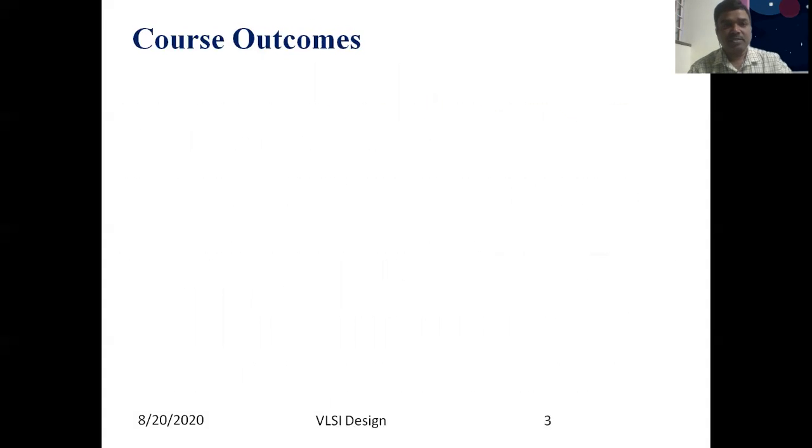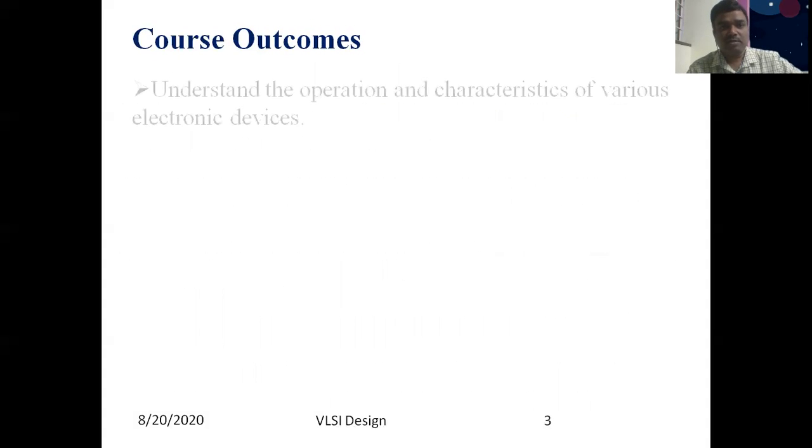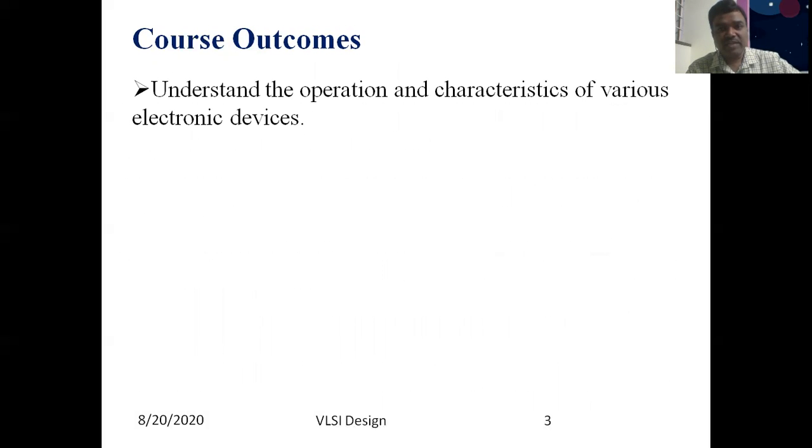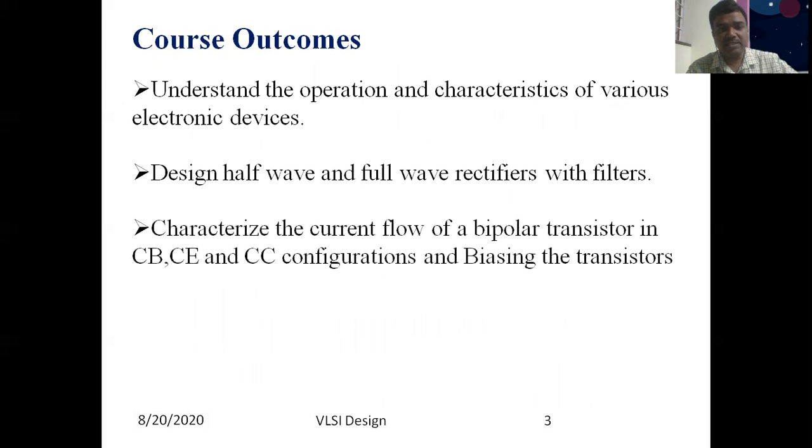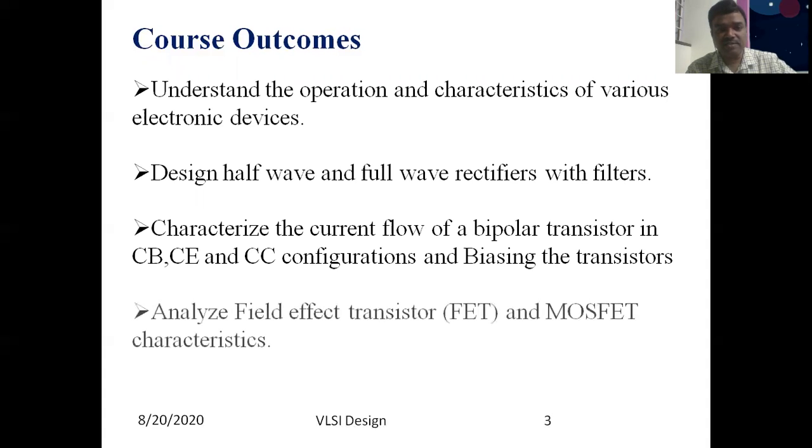Next, the course outcomes. After studying all these 5 units, students will be able to achieve the following. They will understand the operations and characteristics of electronic devices, and the design of half wave and full wave rectifiers with and without filters. They will be able to design and characterize the current flow of BJT, that is CB, CE, CC input and output characteristics, and biasing of transistors.